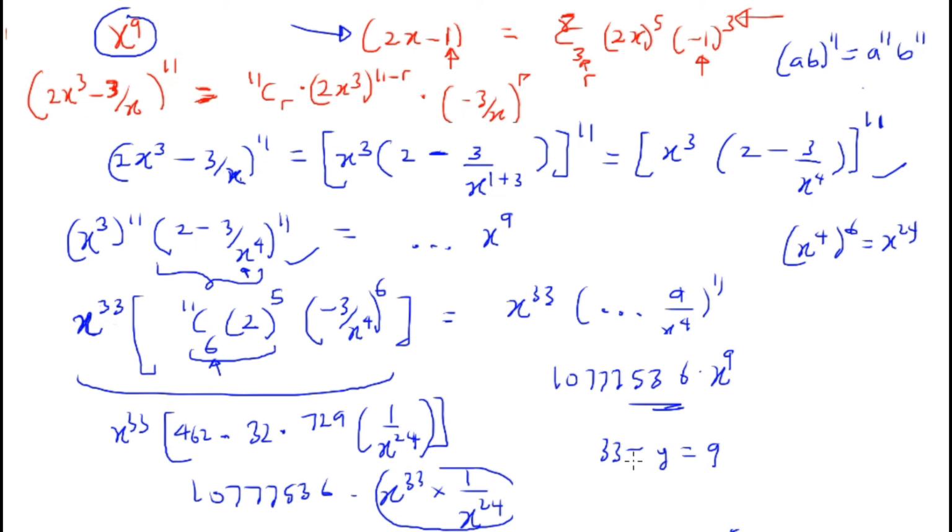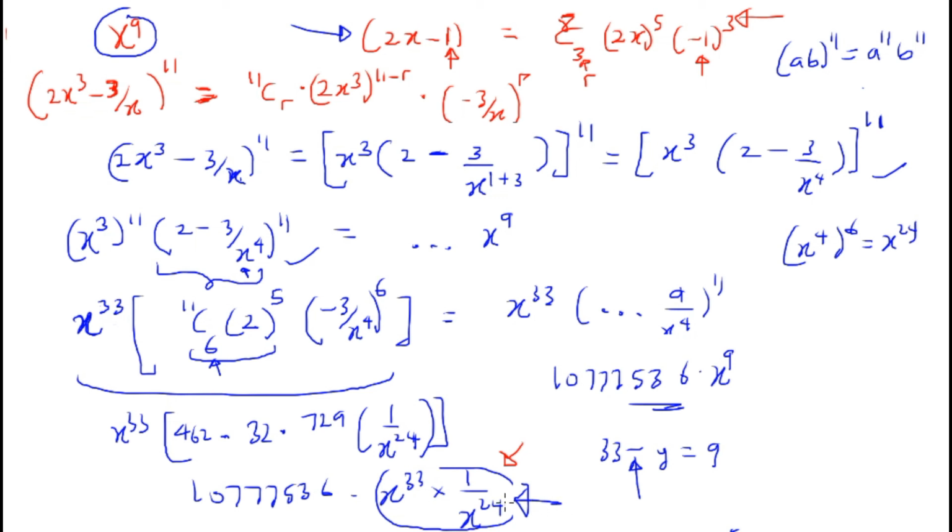Now it is minus right here simply because I have this x as a denominator. So the multiplication will bring about subtraction of the powers, just like what I did right here. That is x raised to power 33 multiplied by 1 upon x raised to power 24 is x raised to power 33 minus 24.